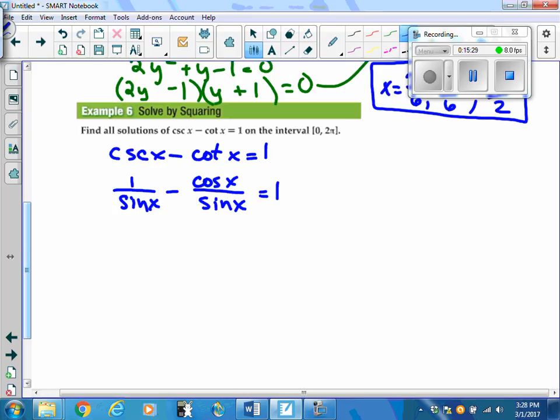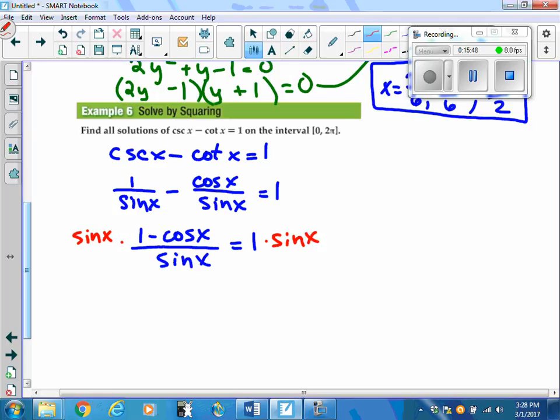And so when I combine like terms here on the left, I get 1 minus cosine x over sine x equals 1. Then what I'm going to do is multiply by sine x on both sides, just to get that out of the denominator. So on the left side, the sines are gone. I get 1 minus cosine x equals sine x.